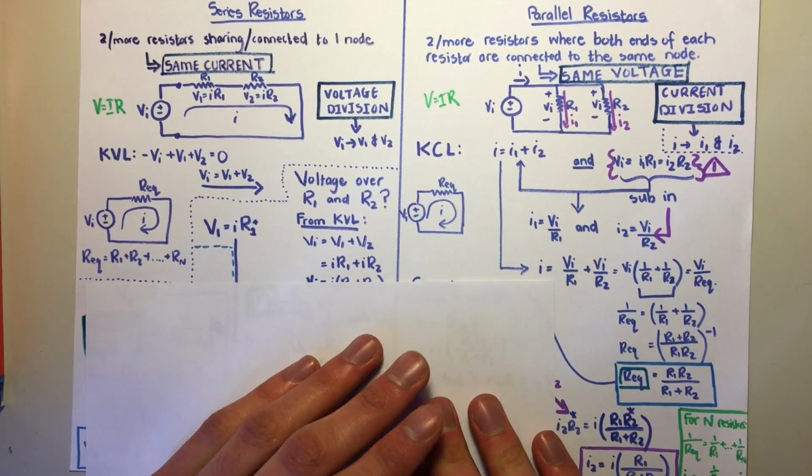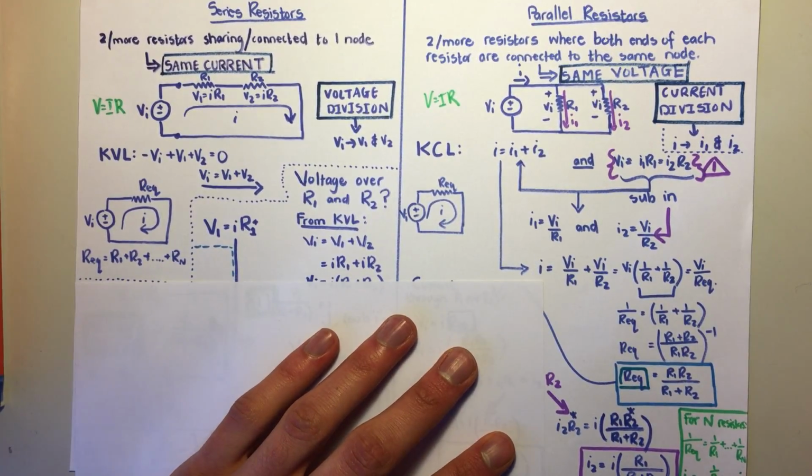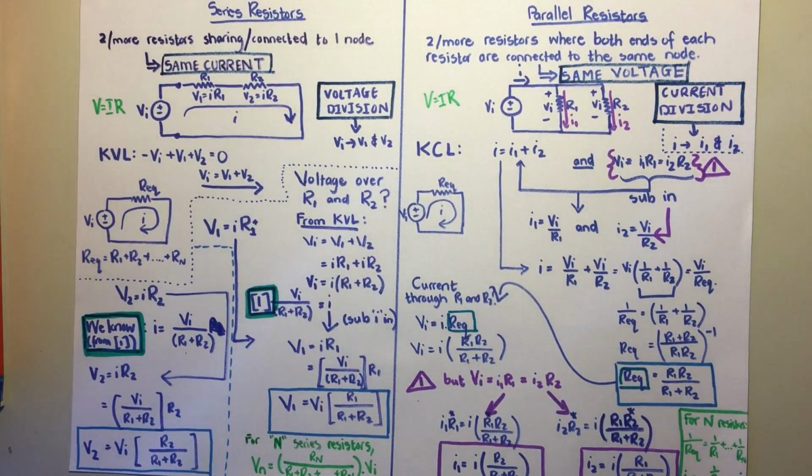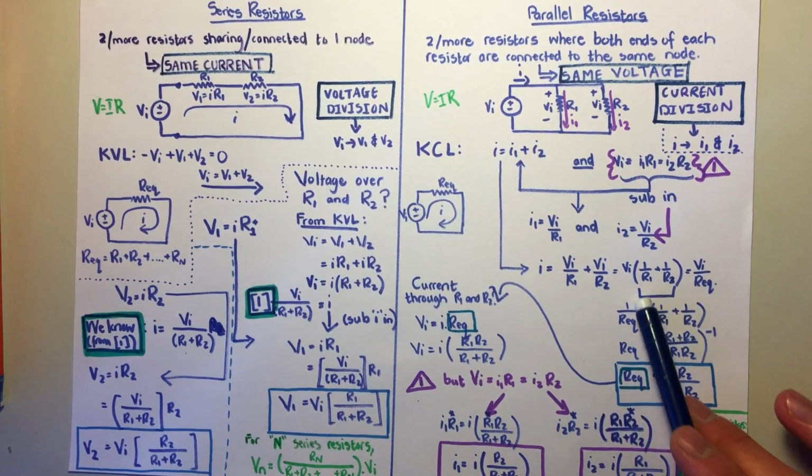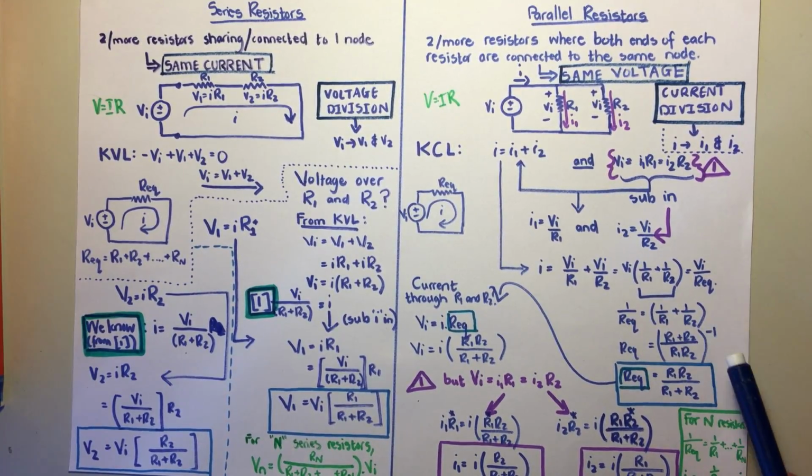Okay, so what can we say now? Well, I'm going to take this away. We have VI over R equivalent, so we know this is the equivalent resistance. 1 over R equivalent is equal to this. And if we invert that, then we get this. We also use the LCD to make it simpler.